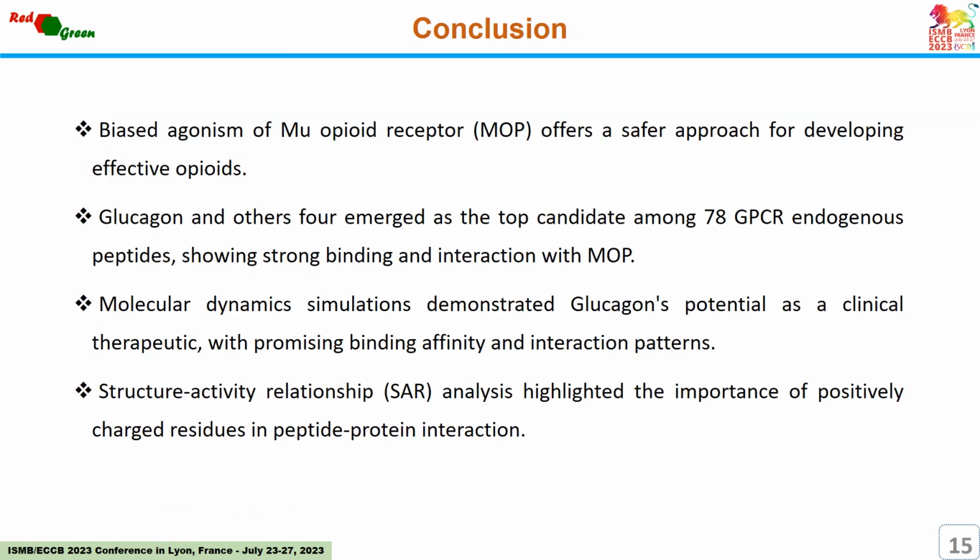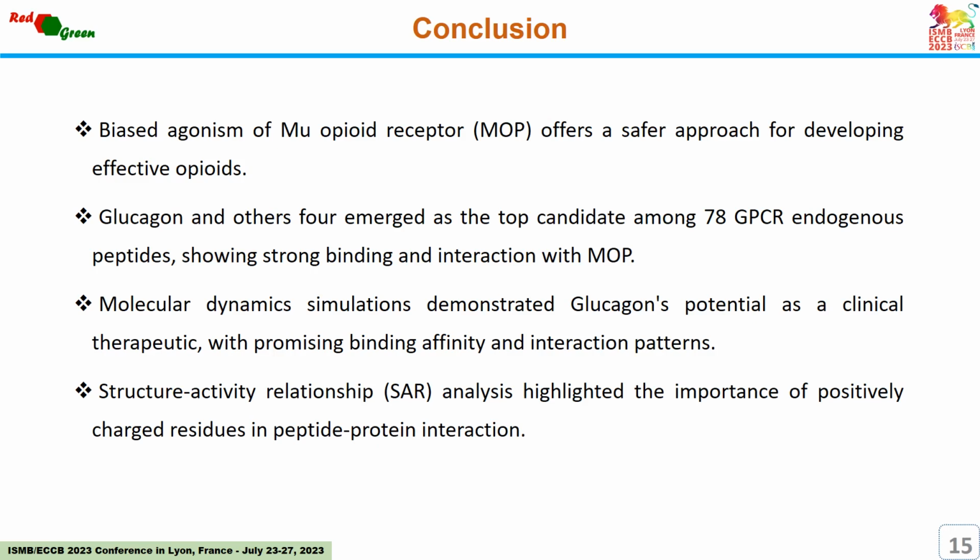So in conclusion, we are trying to design a biased agonist using peptides, and we got glucagon and 4 other peptides as emerging candidates from 27 GPCR endogenous peptides, which show strong binding interaction with opioid receptors.